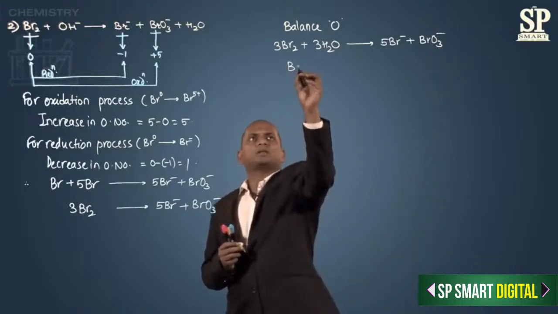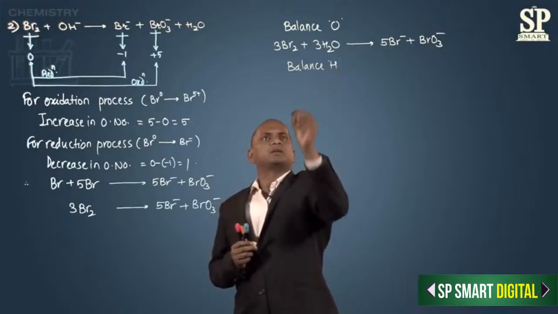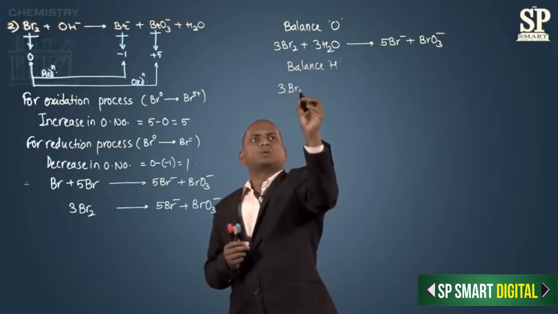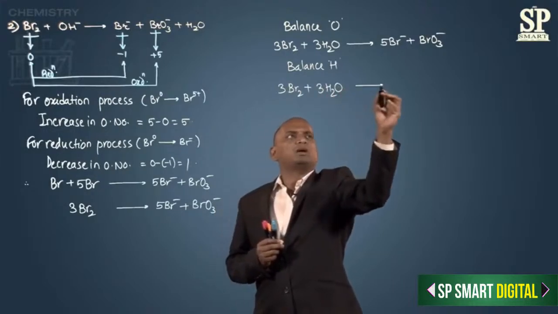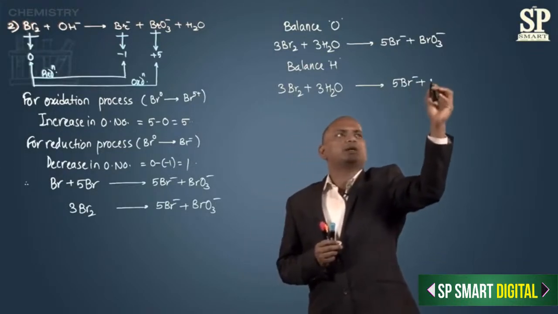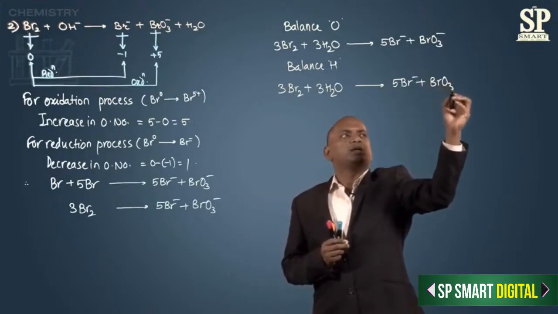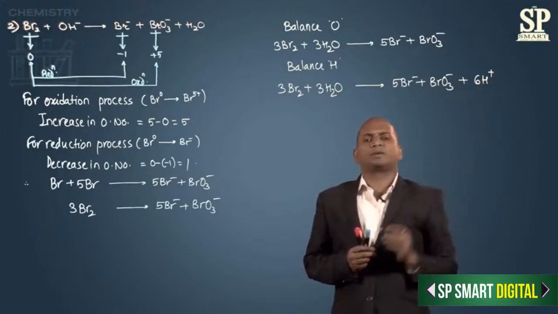Next one is to balance H. So we have 3Br2 plus 3H2O gives you 5Br minus plus BrO3 minus plus 6H plus.